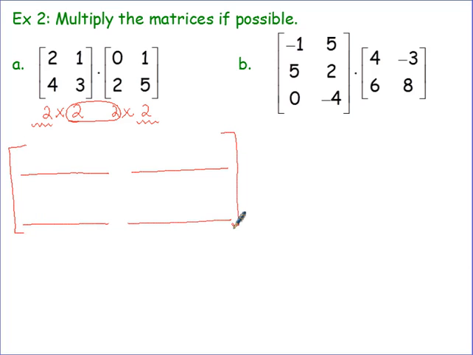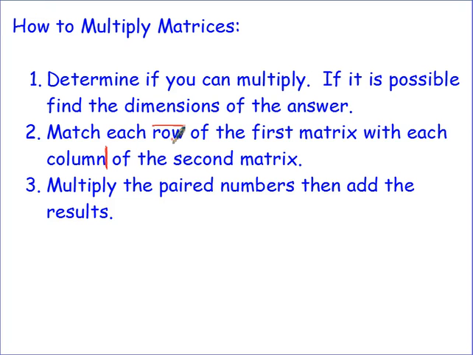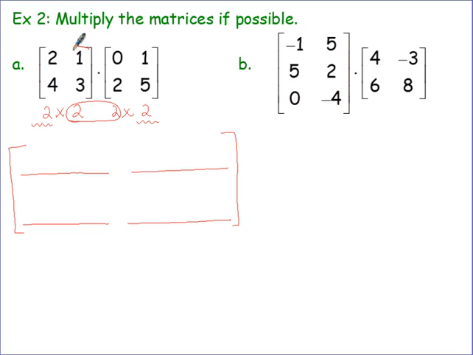We'll have an answer matrix after this. So I'm going to use colors to help us out. I'm going to circle always a row in the first matrix and a column in the second matrix. So top row, first column.